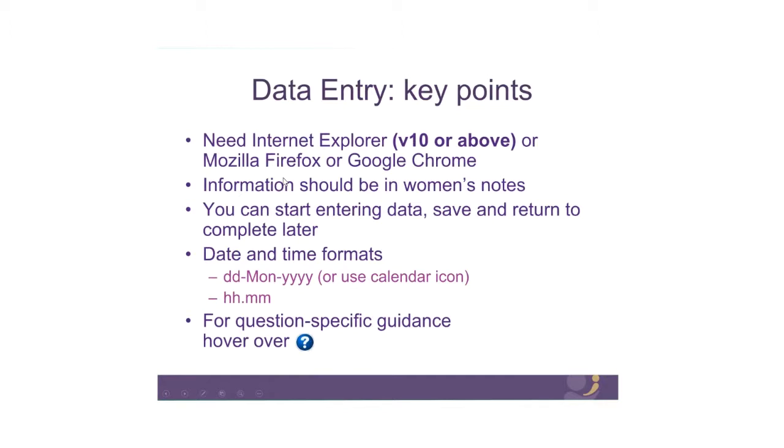These are all widely available and you should have access to that, I hope. If you don't, please let us know. All the information that you will need for this data entry should be in Women's Notes. The system works in a way that means that you can start entering data, save it partially completed, and return to complete it at a later date.